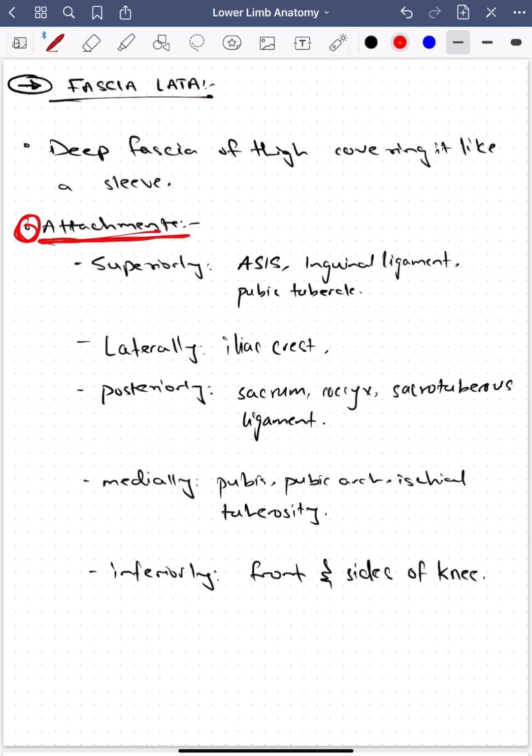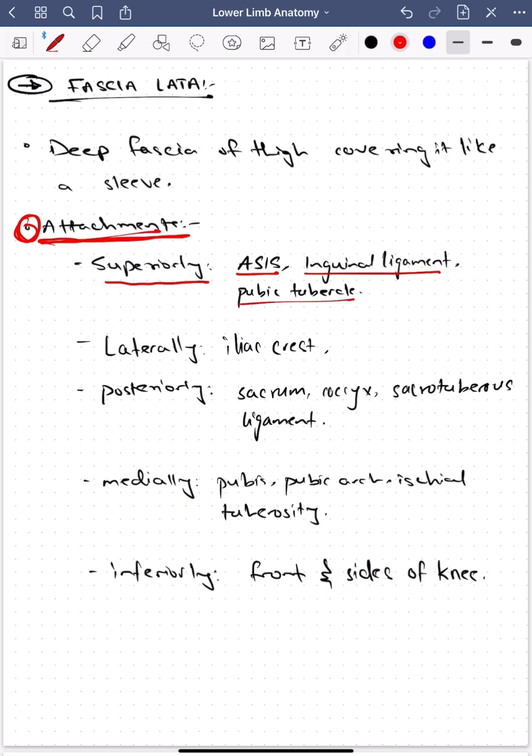So the attachments. Now just visualize the pelvis bone in your mind and take a blanket. Now I'm going to pin parts of the blanket to the pelvis to form a sleeve. Superiorly we are going to attach a pin to the anterior superior iliac spine, the inguinal ligament, and the pubic tubercle.